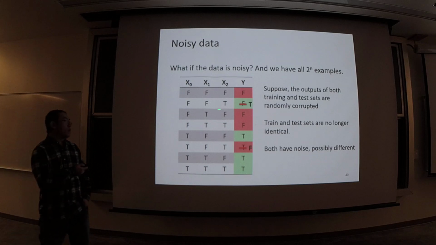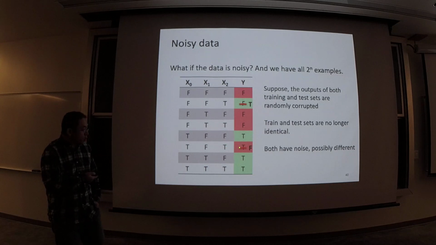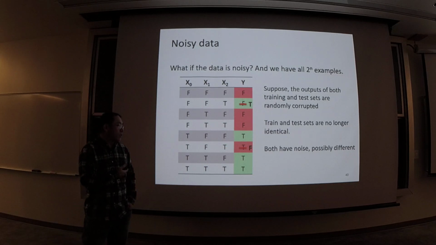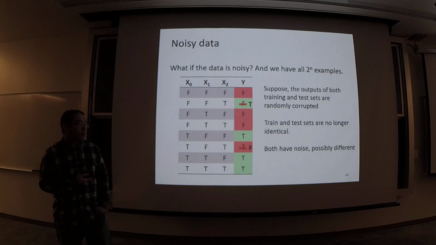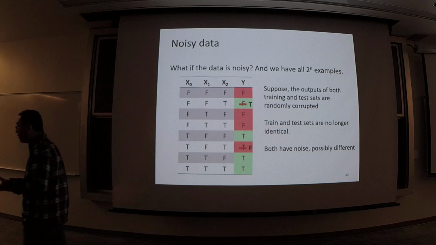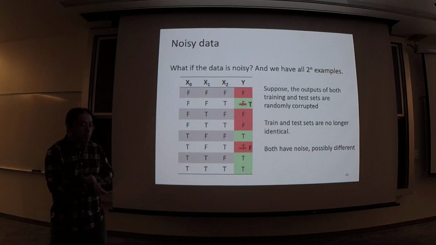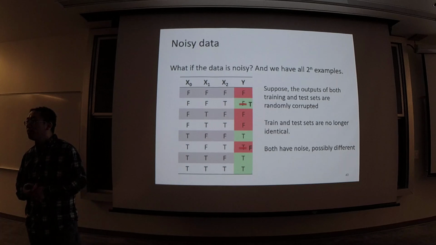Like the ground truth is false, but it's corrupted to be true, right? Or ground truth is true and it is flipped to false. And both training set and test examples might have corrupted labels, but those noises can be different.